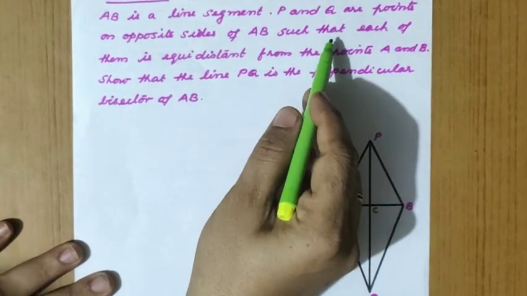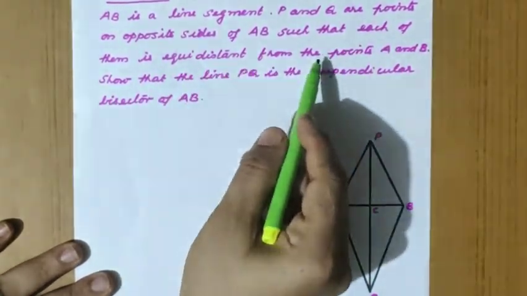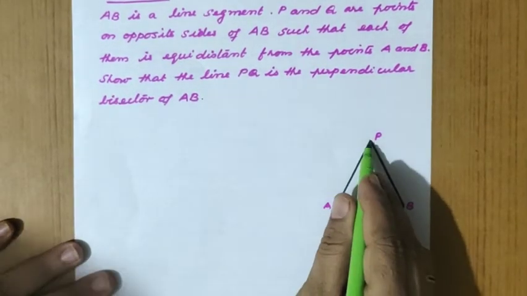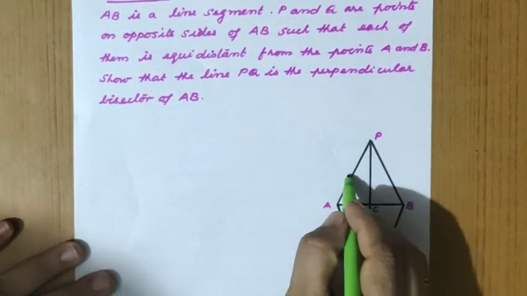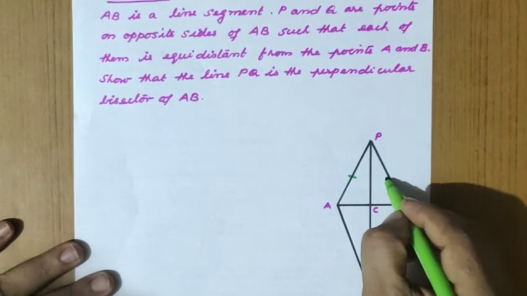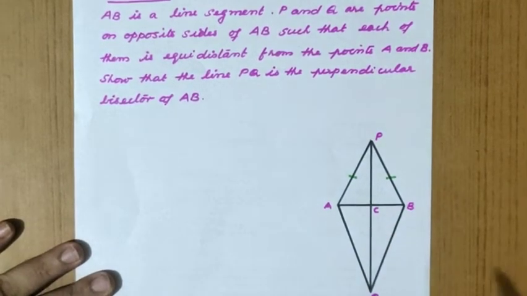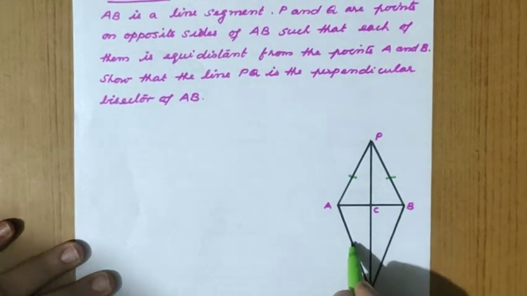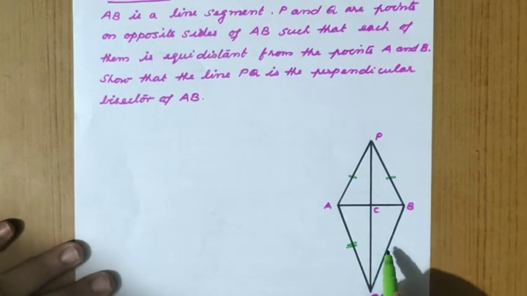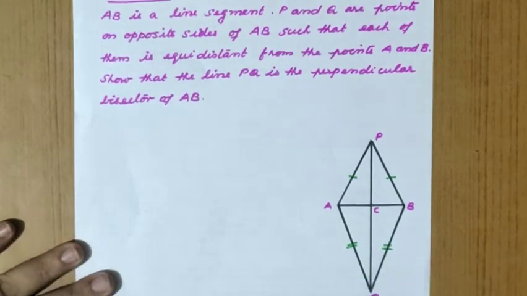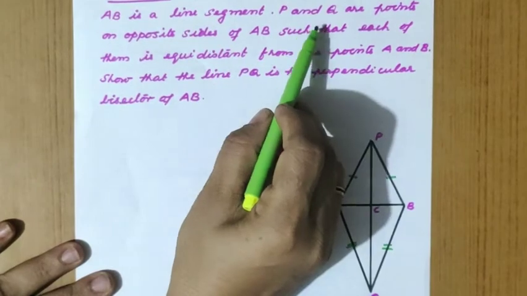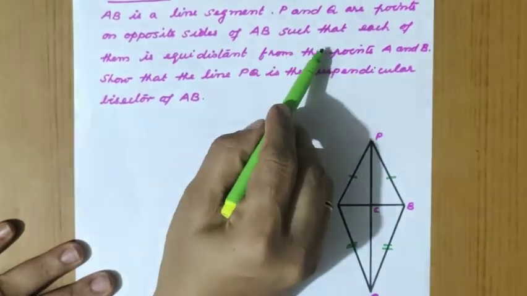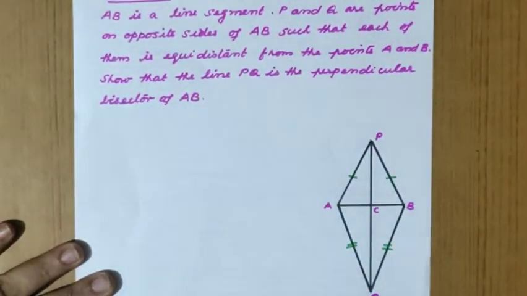Next, each of them is equidistant from the points A and B. So that means P is equidistant from A and also from B, right? Now Q is also equidistant from A, and Q is equidistant from B also, right? That is the meaning of this. P and Q are the points which are equidistant from the points A and B.